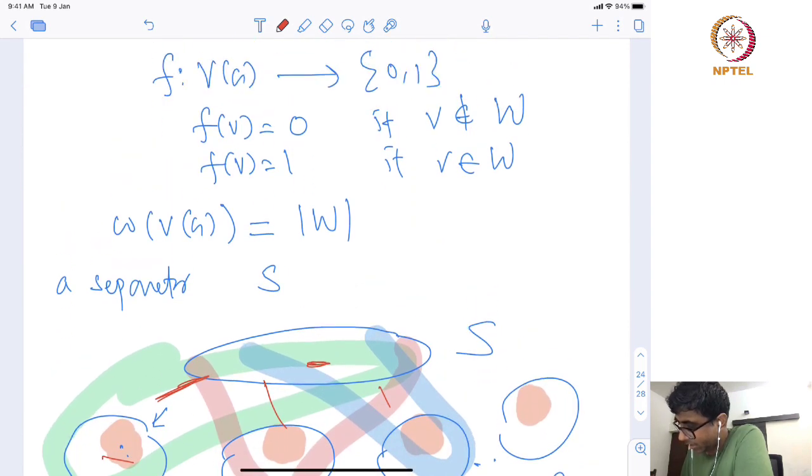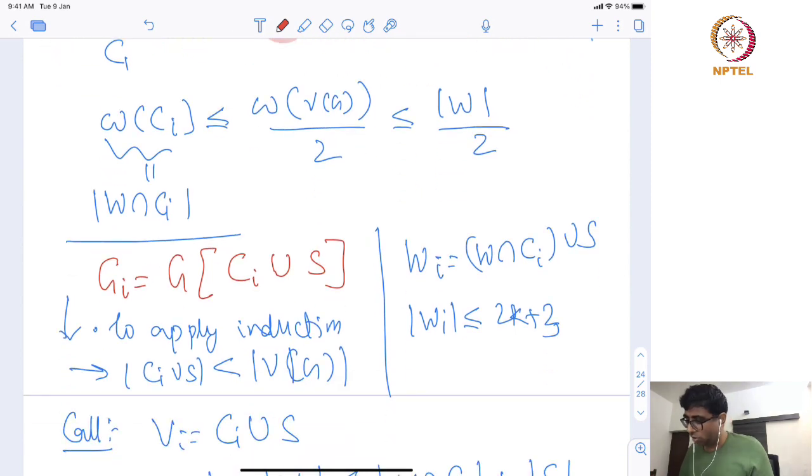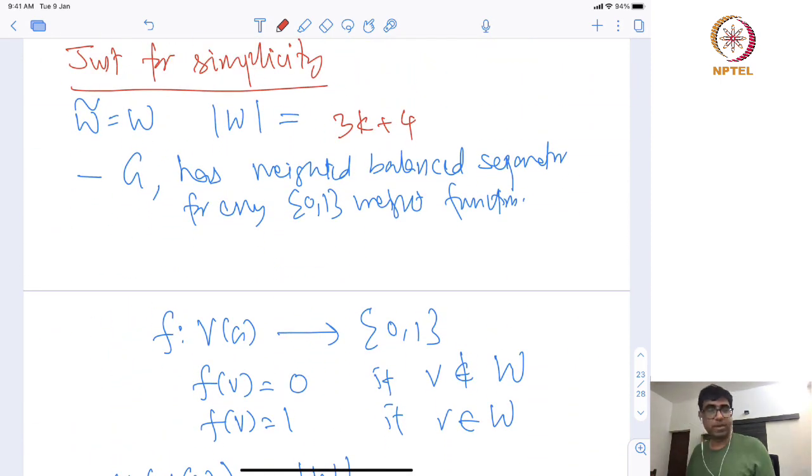you assign this weight function and a separator S, and this is where we will make all the changes. We needed to find this separator. So at this place what will we do?